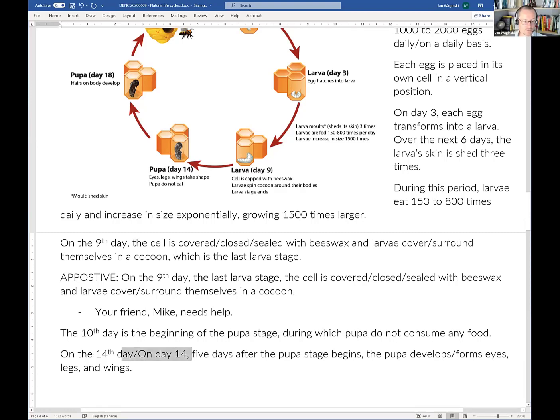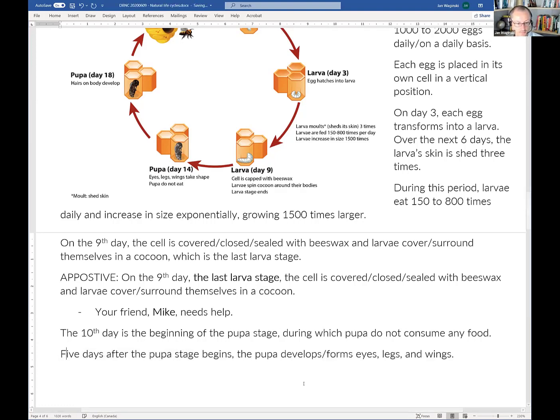Then I'm going to get rid of 14th day. I can include it as a detail. Pupa develops, forms eyes, legs, and wings.